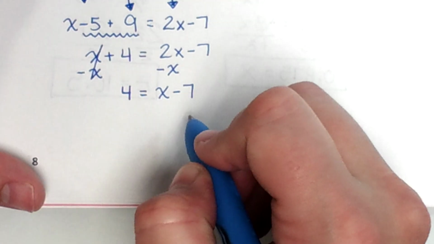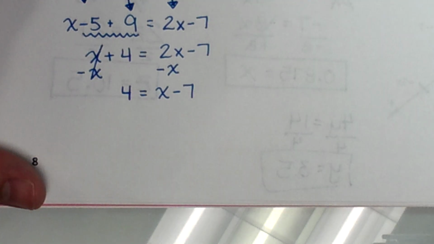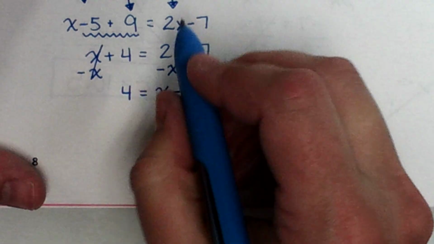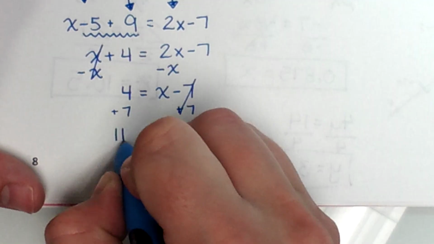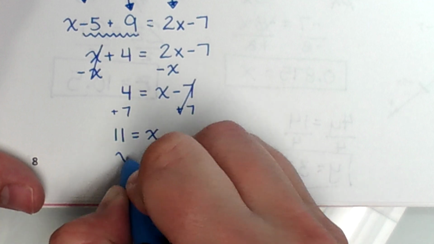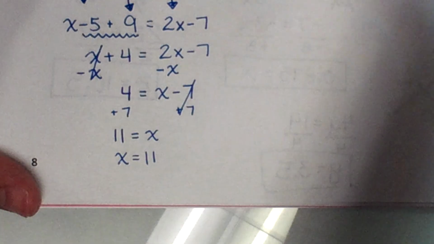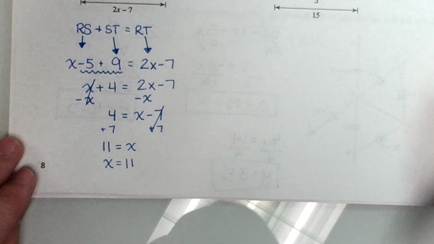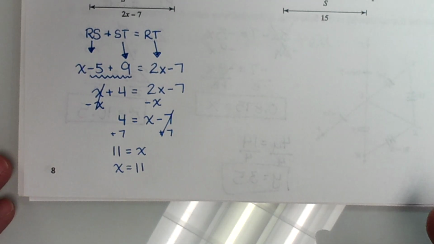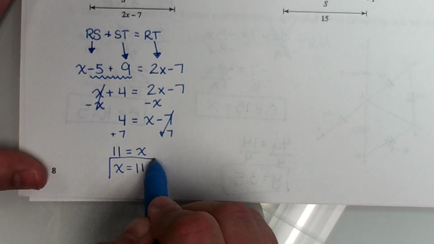Adding. Am I adding the 4? No, but the 7. The 7. 11 is equal to x. Or I'd prefer x equals 11. Now, before you're done with the problem, double check that you actually answered what it wanted. Did we find the value of x? Sweet.